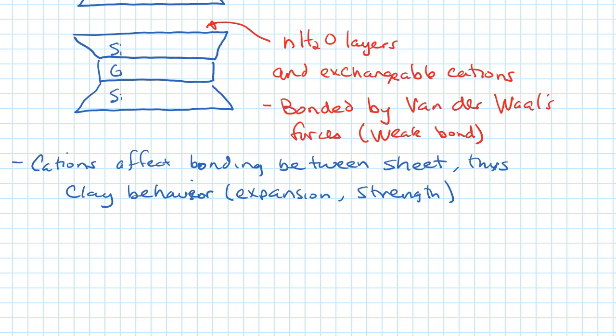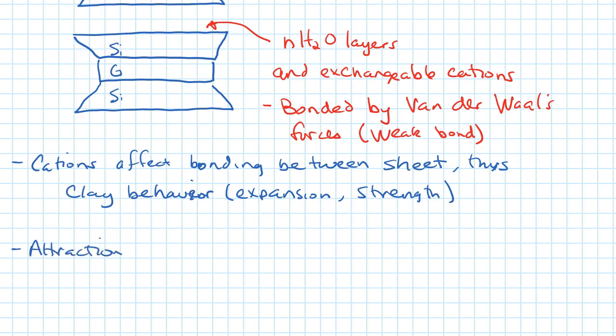And so understanding the chemical nature of the clay and what we can do to change their behavior through the use of cation exchange can be helpful in applications to geotechnical engineering.